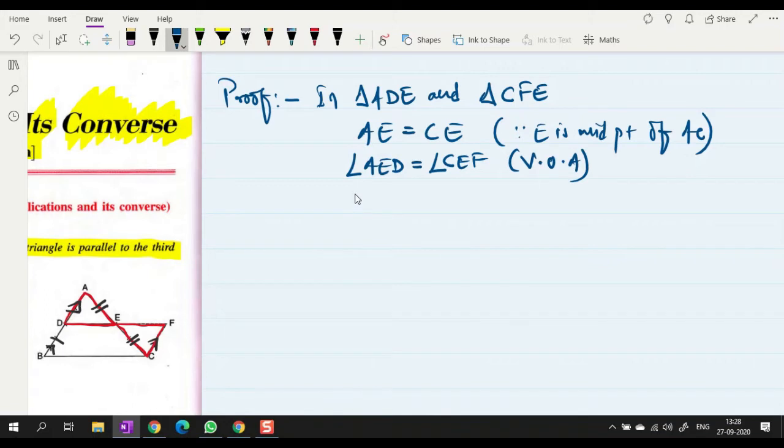Next is angle DAE is equal to angle FCE. Can you tell me the reason?